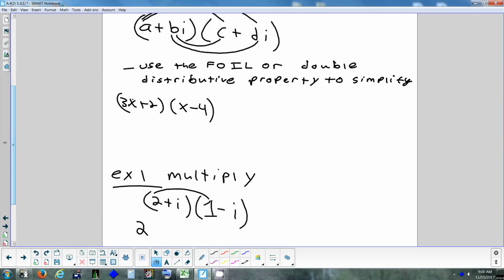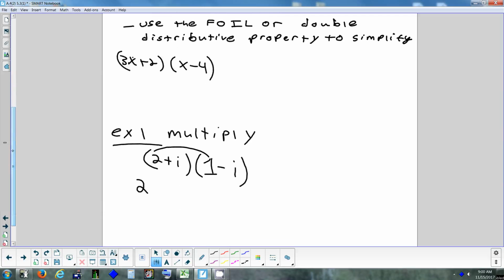Haley, what would be the next thing I would multiply? 2 times -i. Yep. So -2. Careful, 2 times -i. What would you get if you did 2 times -x? -2x, right? You're going to put the other thing you're multiplying with it.